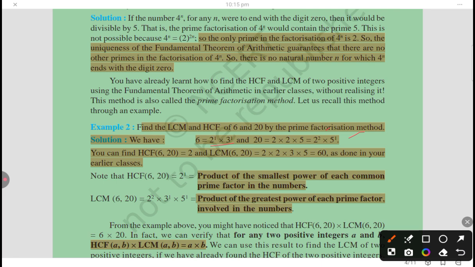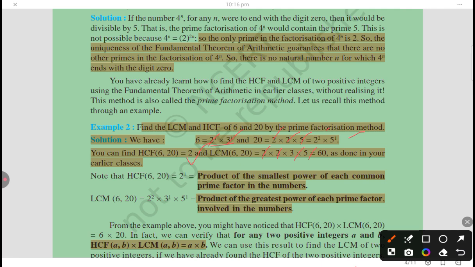Here HCF equal to 2, the highest common factor, since in both numbers it is 2 only. And LCM is the least common multiple. So 2 into 2, this 2, then this 2, then 3, and 5. So 60.